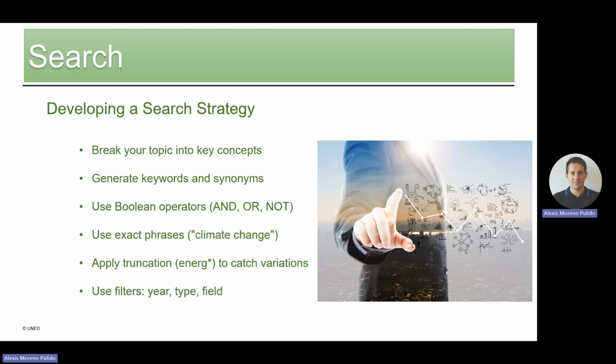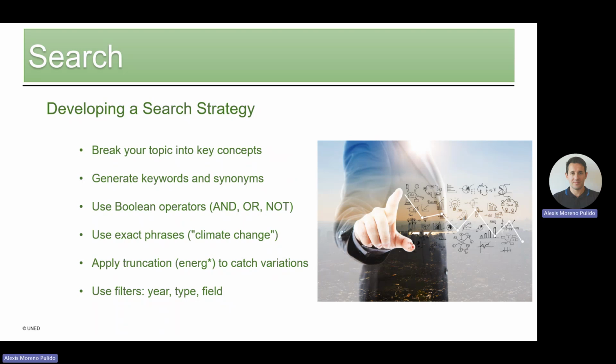Databases typically offer filters to refine results by publication year, by document type, or by subject area. Advanced search interfaces let you specify fields like title, author, abstract, etc. for your keywords, which can increase precision. Take advantage of these features to narrow down to the most pertinent literature.